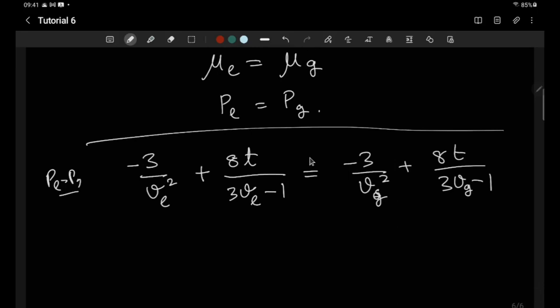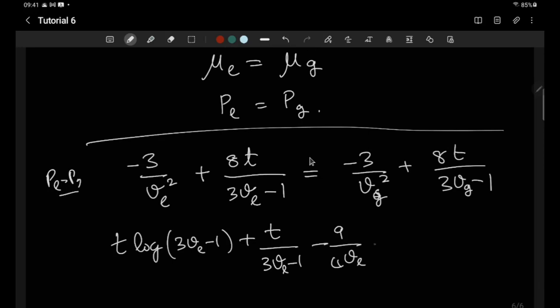Okay, I won't write the rest of the terms. It's the same terms on the left where you replace VL by VG. So this is the equality that we would like.